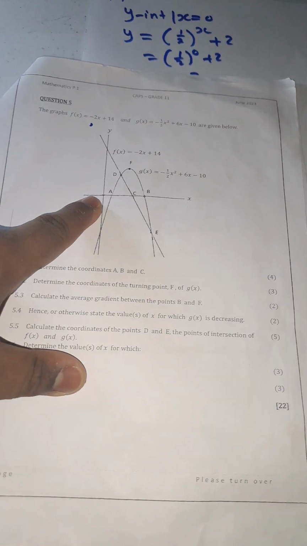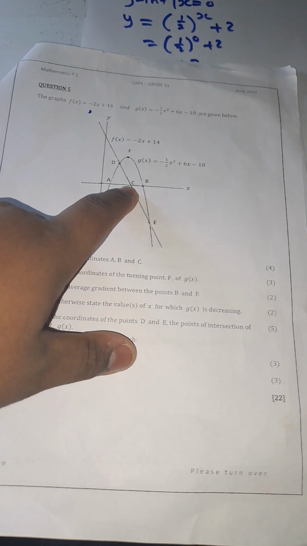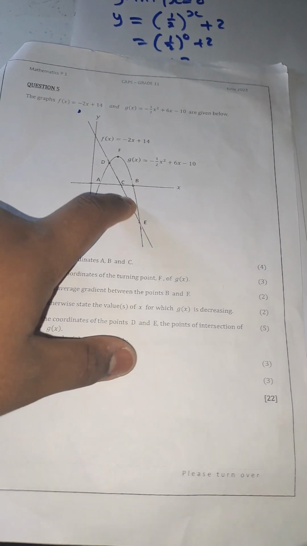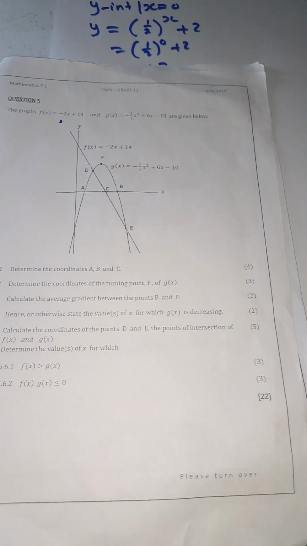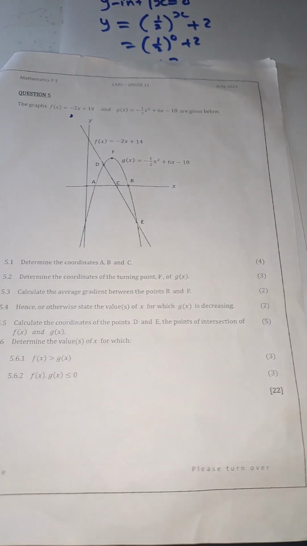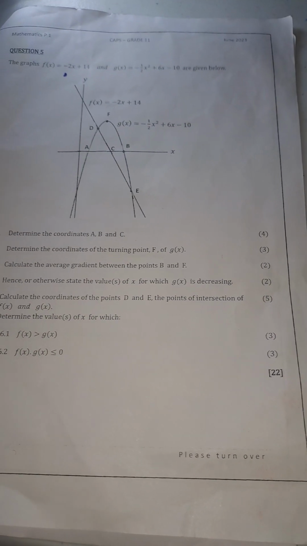This a here is the x-intercept. B is the x-intercept. C is the x-intercept of g of x. Okay? Now, let's go. As I've said, a and b are the x-intercepts of the parabolic graph, so you are simply going to do this now.